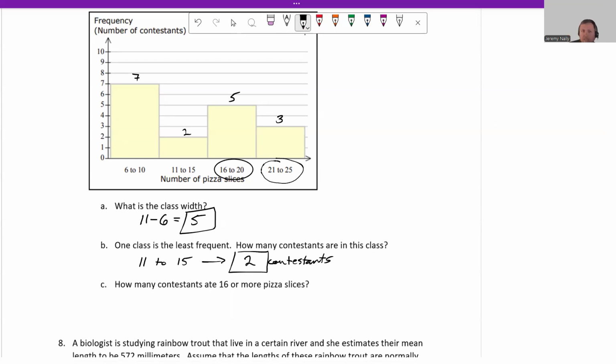So 16 or more, that means that I have to combine the 16 to 20 and the 21 to 25. So in other words, I'm just taking the 5 plus the 3, and I get 8.